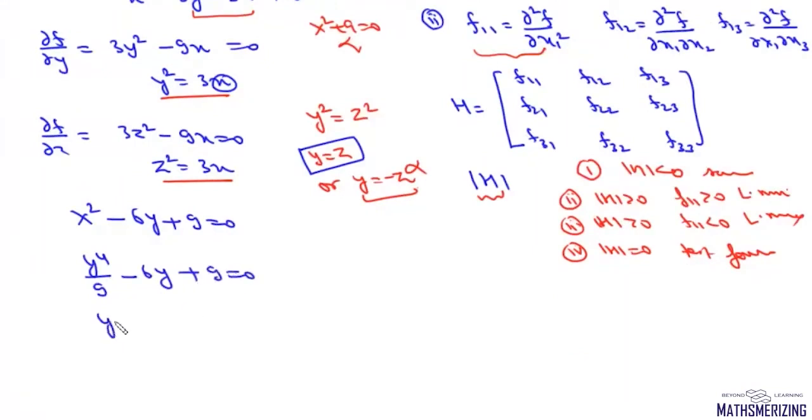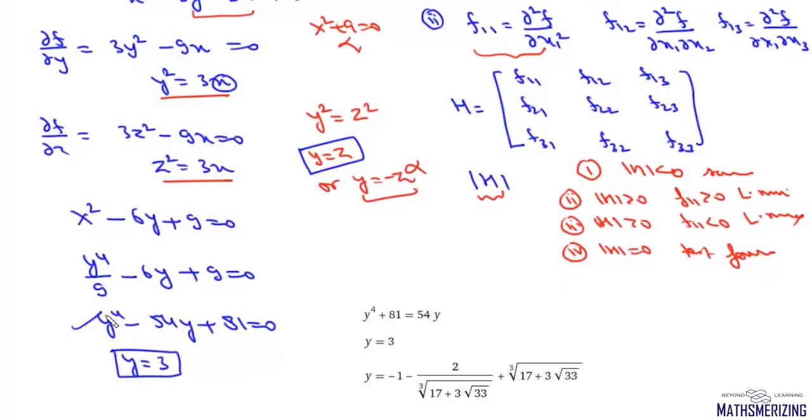So it'll be y to the power 4 minus 54y plus 81 equals 0. Now one of the roots of this equation is y equals 3. If we put y equals 3, it will satisfy this equation. Actually, this equation has another root which is very weird, so we won't discuss that root in this analysis.